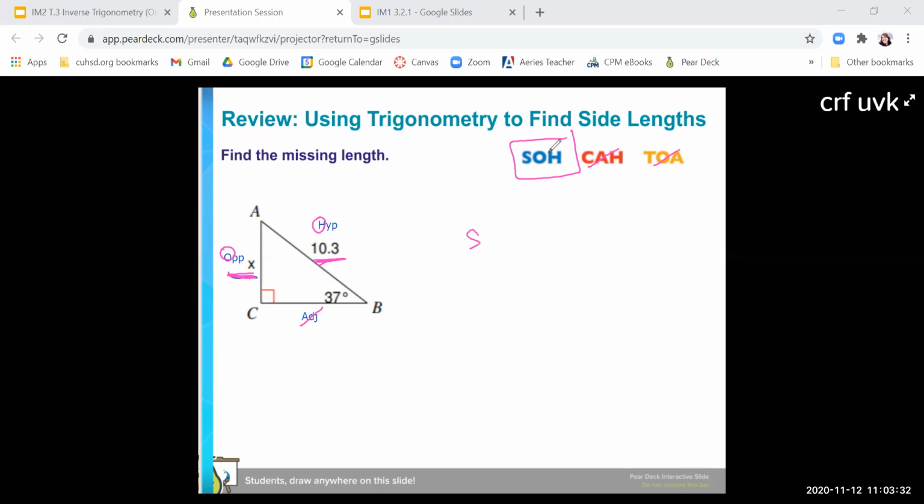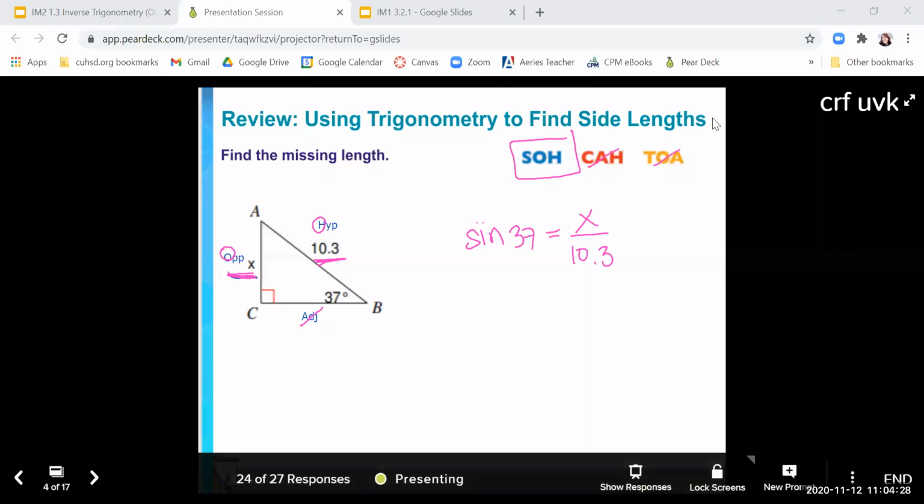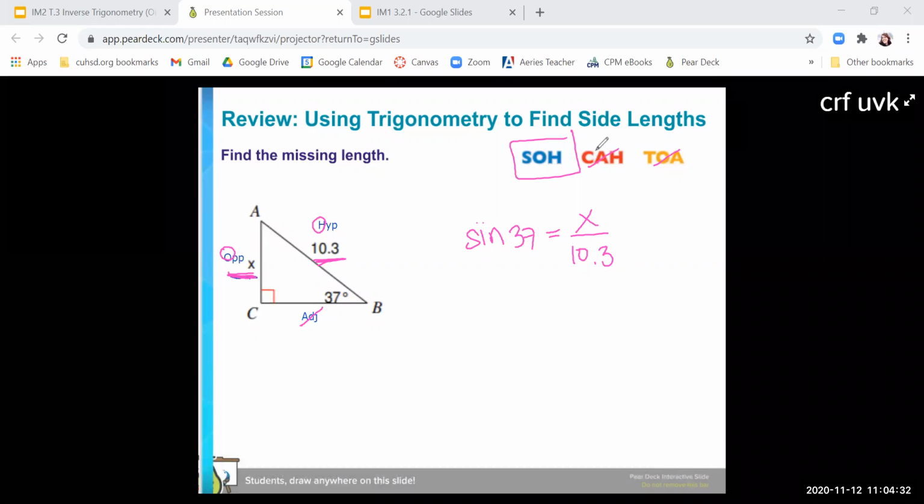Now we start with the sine of the angle that we know, 37 degrees, is equal to the opposite side, which is x over hypotenuse 10.3. And then it's time to use your calculator to solve. I need to plug sine 37 into the calculator, and you should get 0.6018.